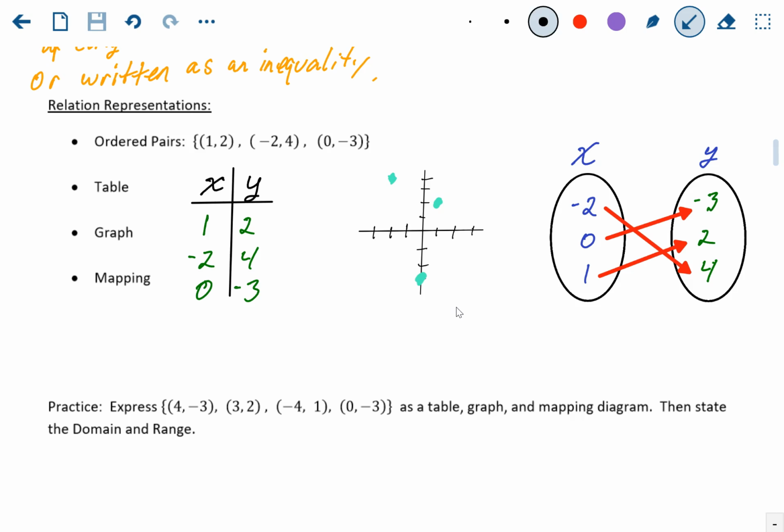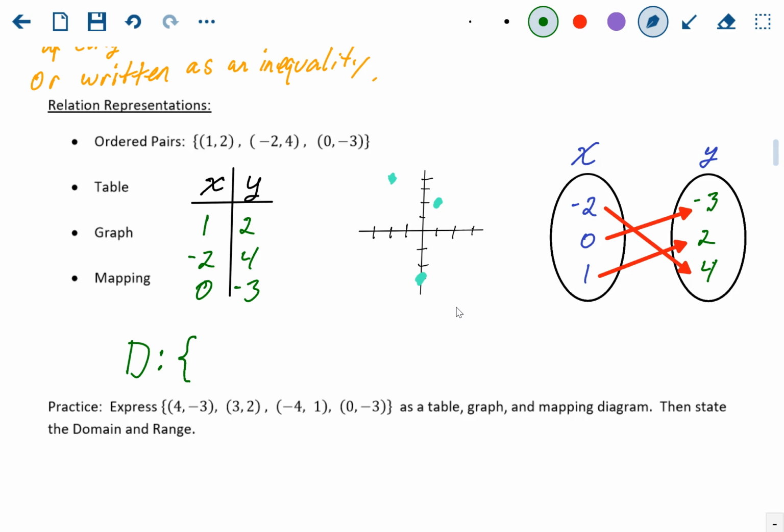Our domain, remember, are all the possible X values. So what we do is you could write out the word domain. I usually just do a capital D, then a colon. And then for these, we're going to use a curly bracket and just list out all the domain values.